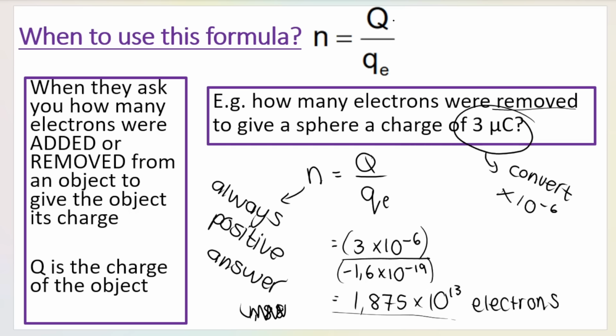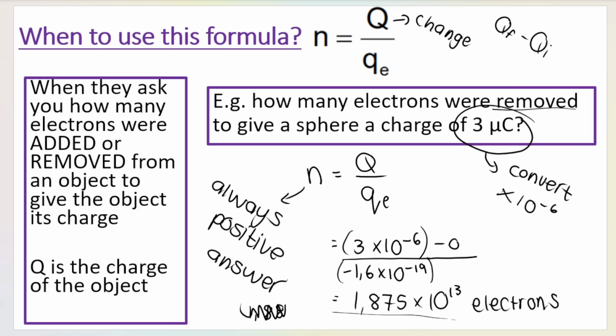Remember I said that Q is technically a change in charge? So change is final minus initial. Technically, this 3 microcoulombs is my final charge, and my initial charge is 0. Because remember, we removed electrons and then gave it that charge, which means initially it had no charge.